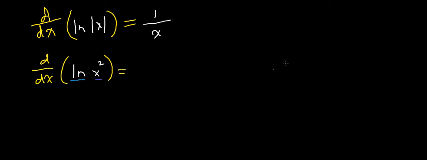The derivative of the natural log function is 1 over x, but it's going to be 1 over the inside, x squared, and then we multiply by the derivative of the inside, which is 2x. If we simplify that, we would get 2x over x squared.